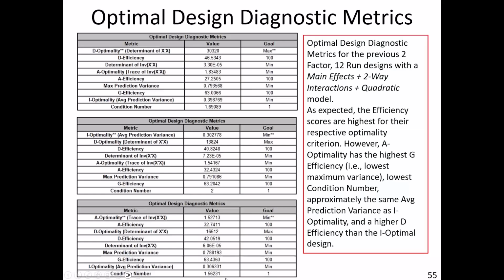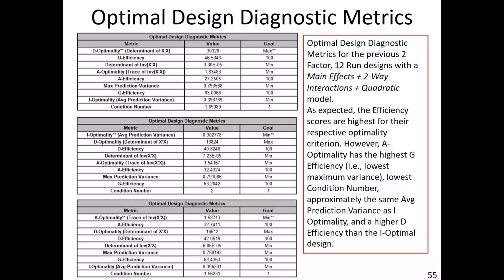It has the lowest condition number, and they are quite similar in terms of the other characteristics. The G efficiency is another one. Actually, the G efficiency for the A-optimal is the largest. So we have 63.0, 63.2, and 63.4. Now, mind you, these are small numbers, but it just gives you an idea of what to look for.